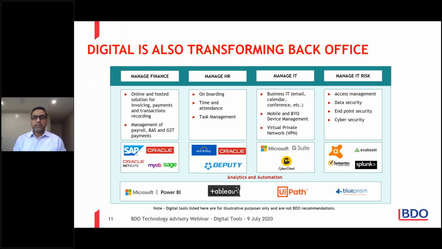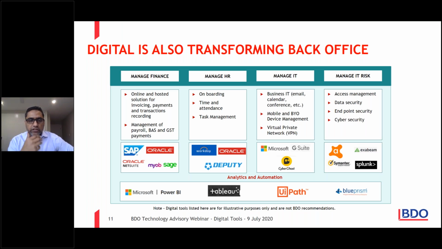Then when it gets to managing IT, this is where business IT around emails, calendars, video conference capabilities, etc., are becoming critical. With that, it's also around having mobile devices and bring-your-own devices, and the management of those mobiles and BYO devices is critical in that managed IT part of it.